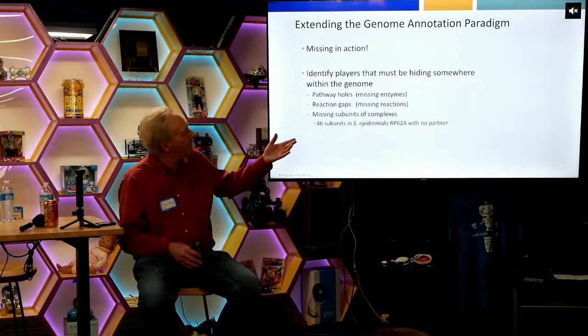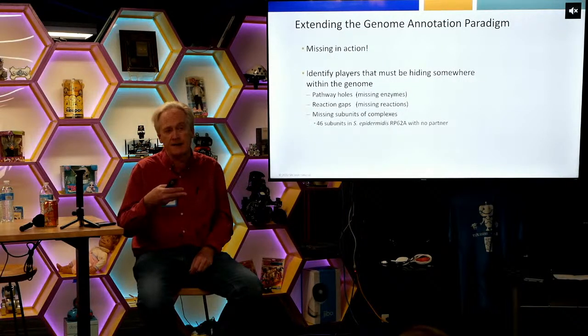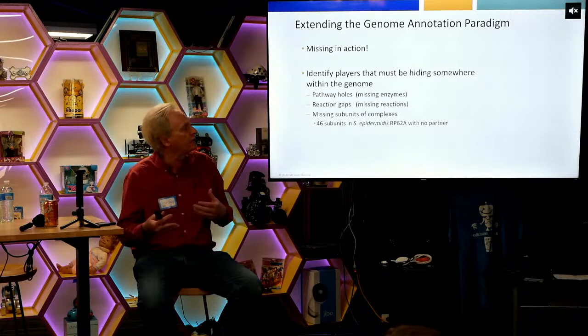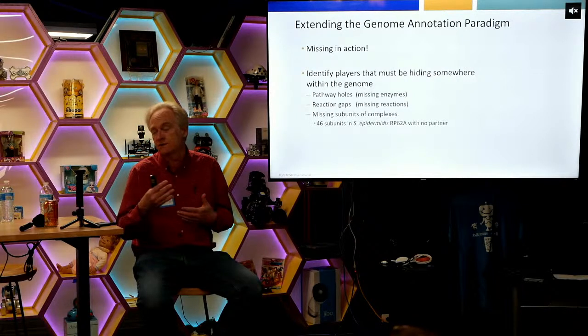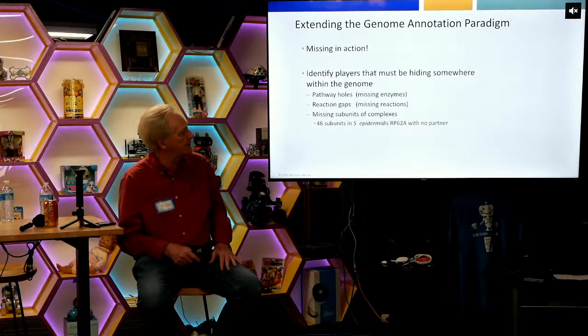And so this is another way. The reactions that are postulated by the gap filler are another kind of missing in action protein. Those functions are probably hiding in the genome somewhere, but they haven't been found yet.